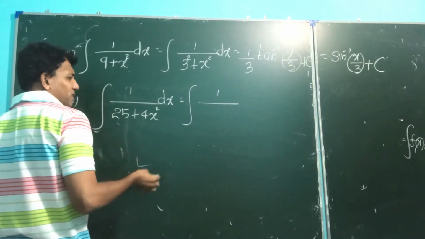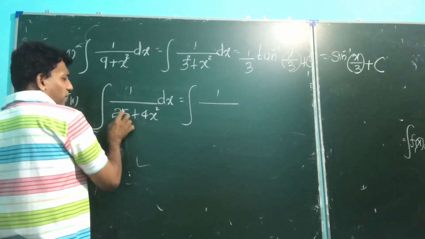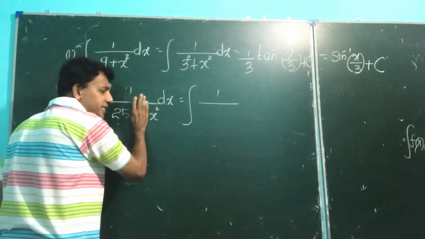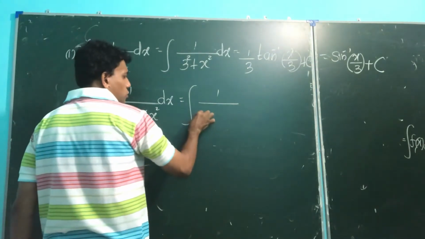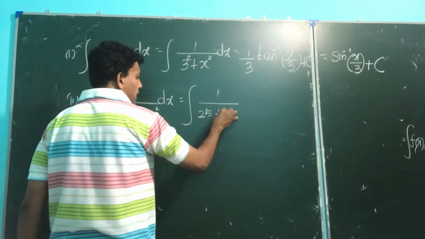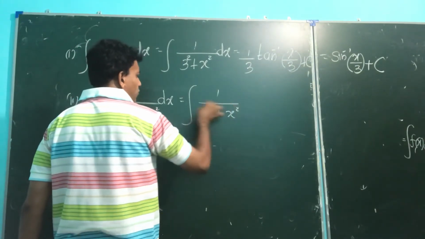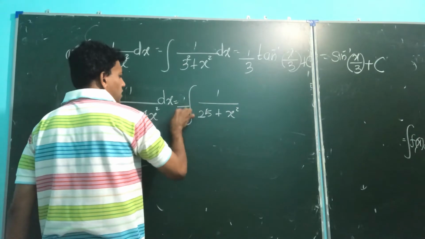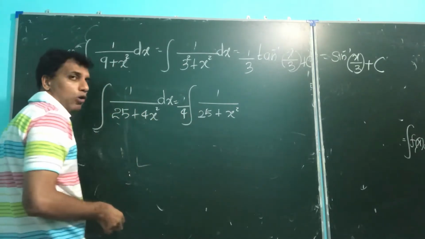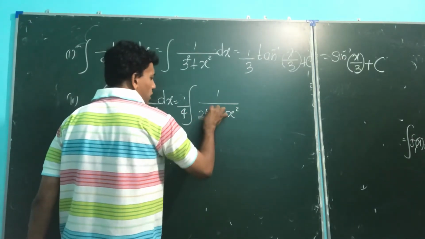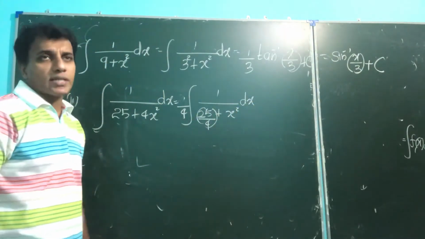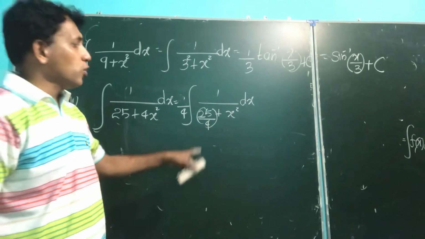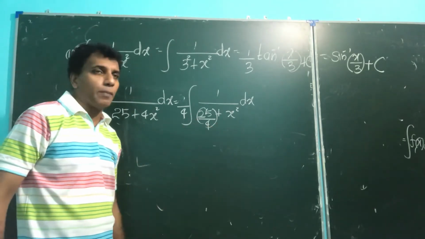I can show two methods; I will show you both. If I write only x square in the standard form a square plus x square, then in 25 plus 4x square, can I take the 4 out? I take the 4 out, but should divide by 4 here, because I am showing the 1 over a square plus x square pattern.